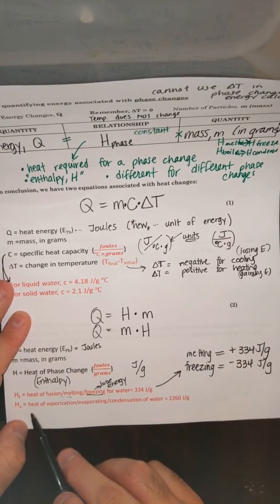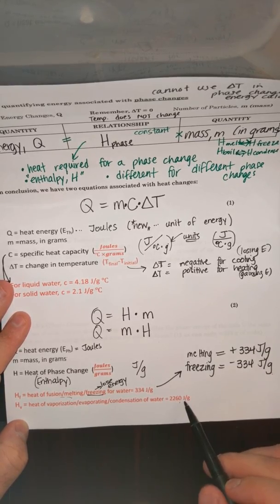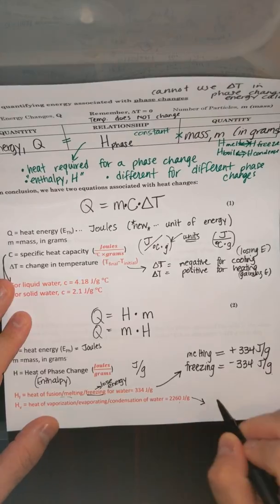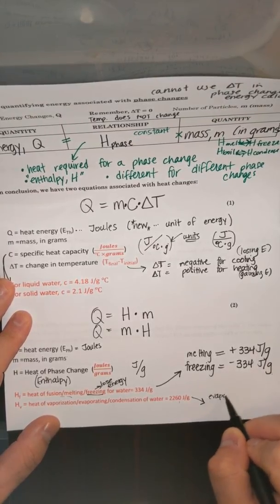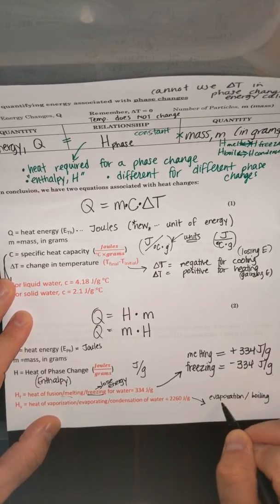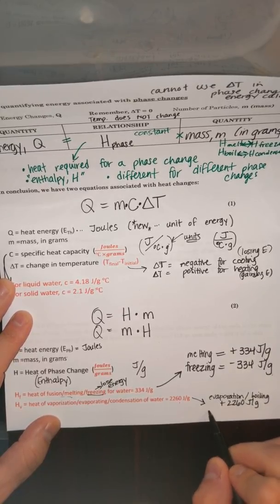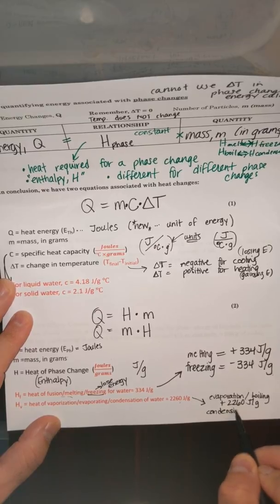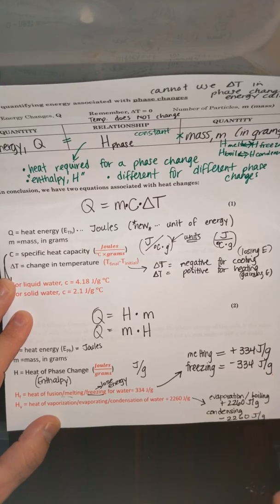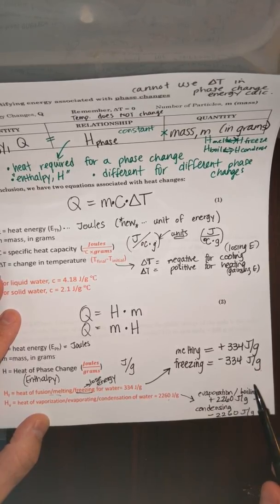And then the same idea for heat of evaporation and condensation of water, that requires 2,260 joules per gram. For evaporation or boiling, that's going to be positive 2,260 joules per gram. For condensing, that's going to be negative 2,260 joules per gram.